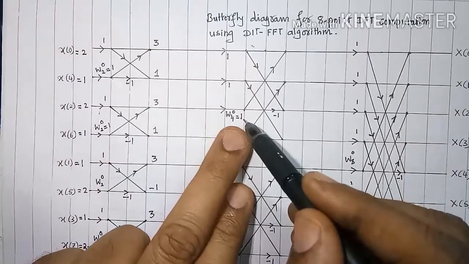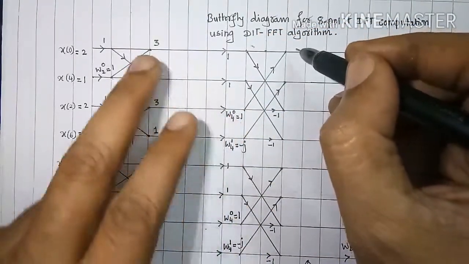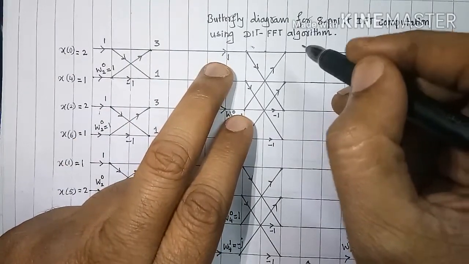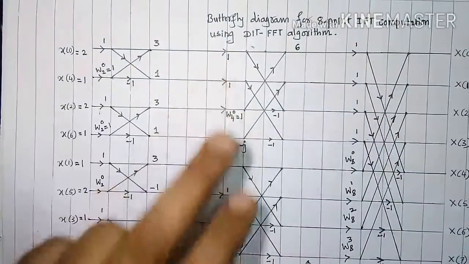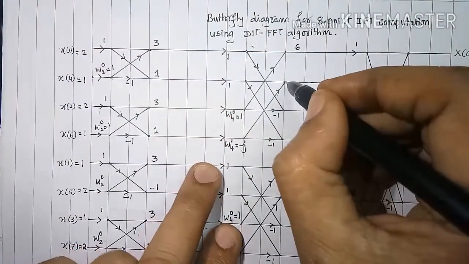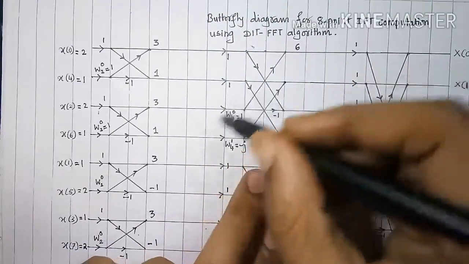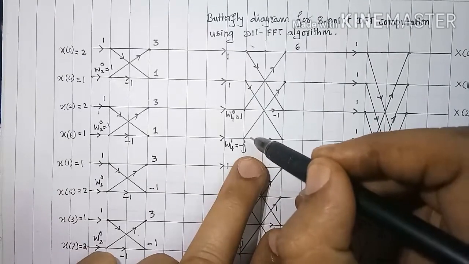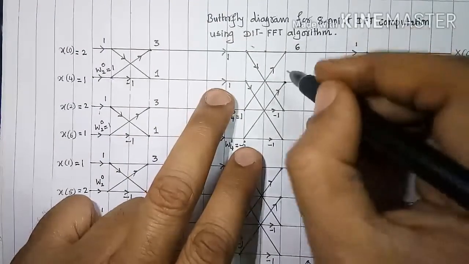Three into 1, 3. 3 plus 3 into 1, 3. I am going to get here 6. Next 4-point DFT. 1 into minus j plus 1 into 1, 1.